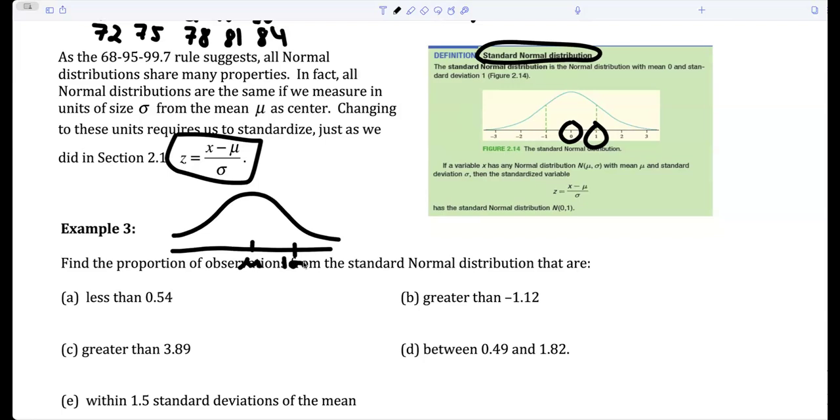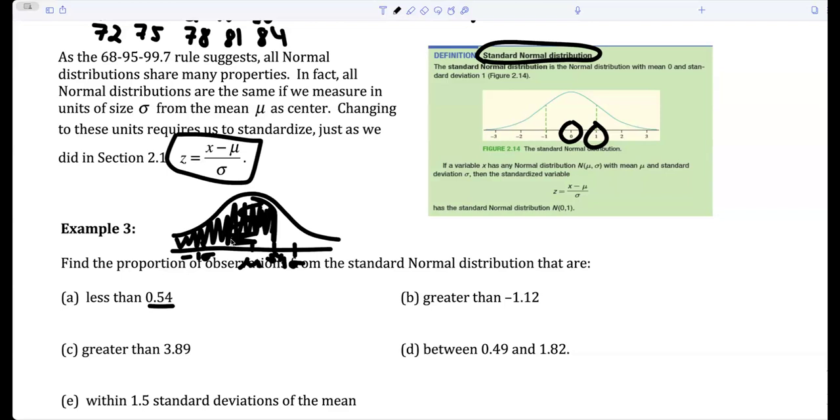This is 1 sigma, this is -1 sigma. Then they are asking, if I go to 0.54, this is saying that it is 0.54 standard deviations above the mean. It is positive. And so we want to look at what proportion of the observations are less than 0.54 standard deviations above the mean.